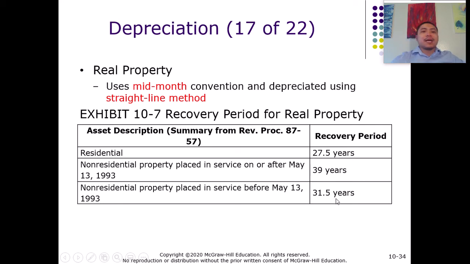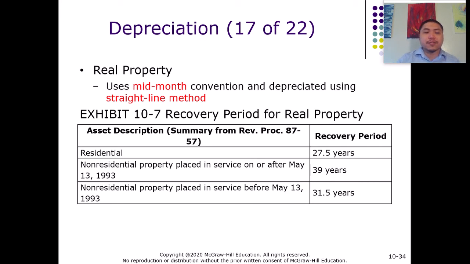And the method used in calculating depreciation for real properties is going to be the straight line method, instead of the double declining method used when we calculate the depreciation for personal properties.